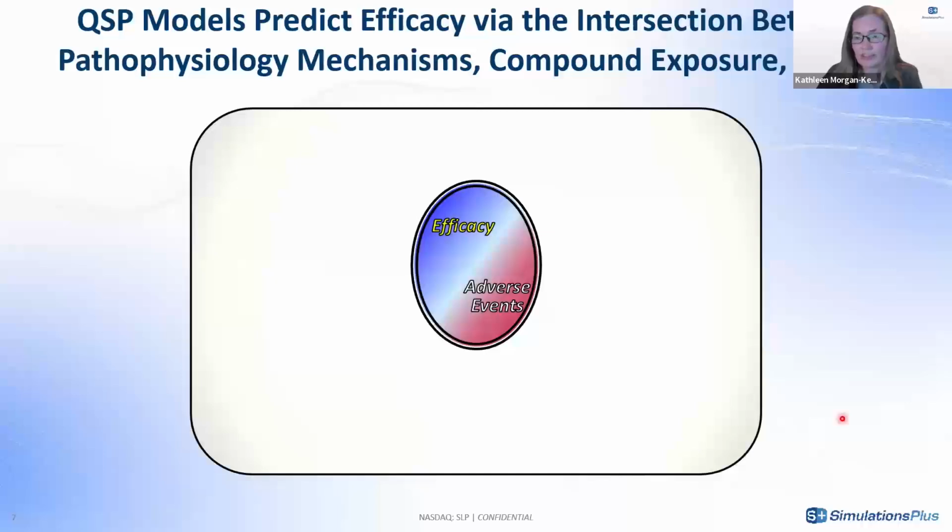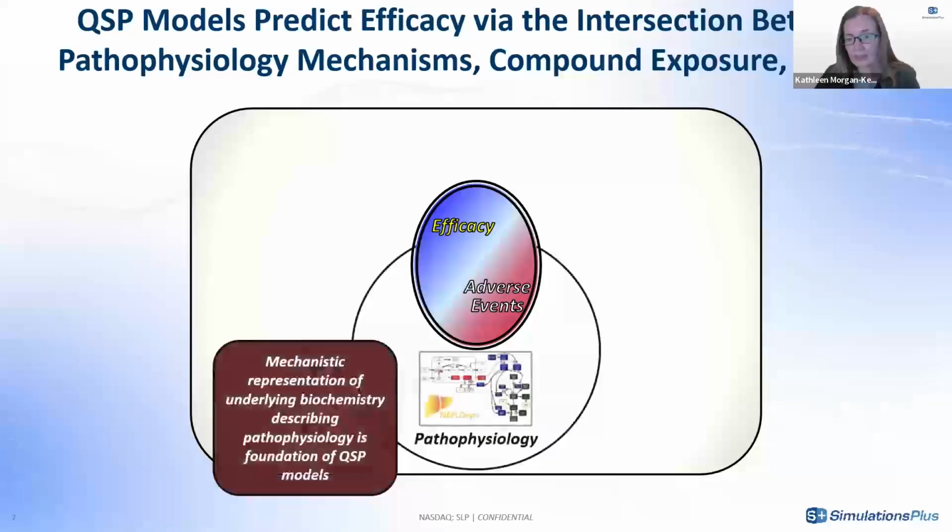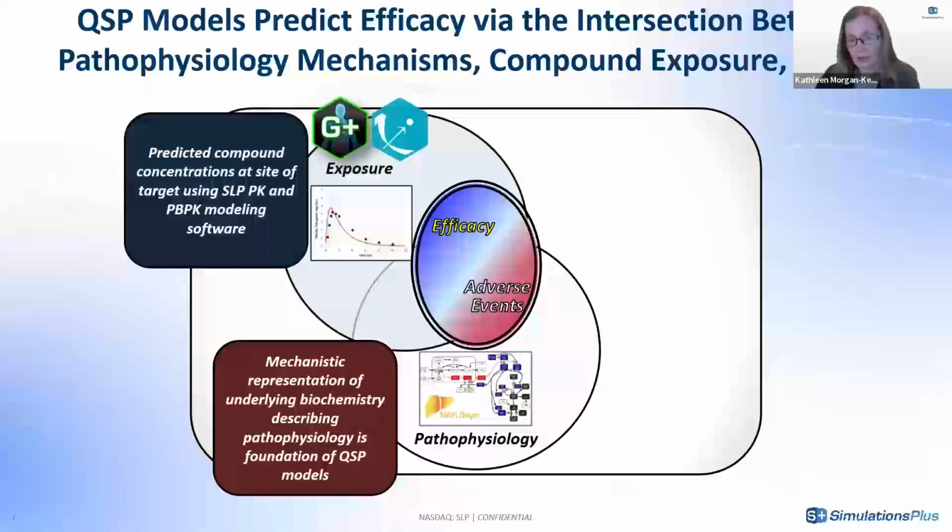QSP models predict efficacy via the intersection between pathophysiology, mechanisms, compound exposure, and PD. The foundation of our QSP models contains mechanistic representation of underlying biochemistry and immunology and altered pathophysiology. The next layer involves predicted compound concentrations at the target tissue using PK and PBPK modeling software.